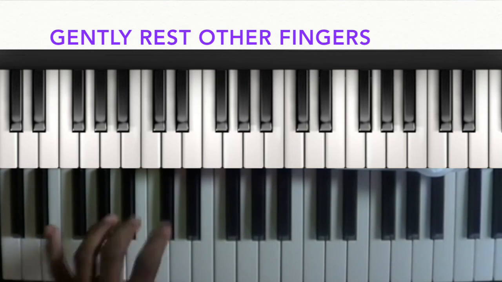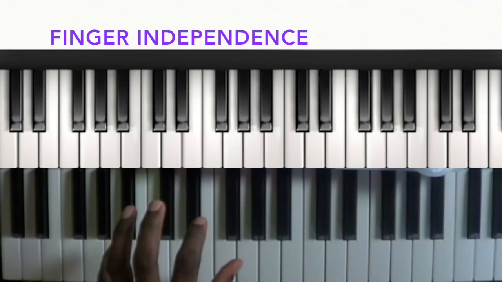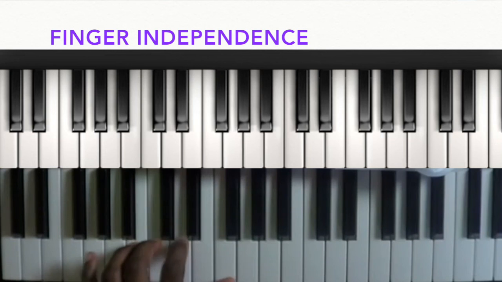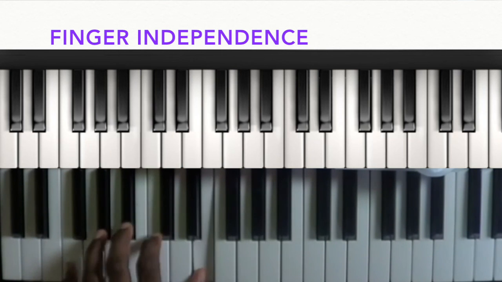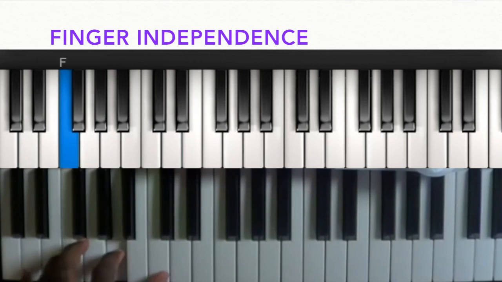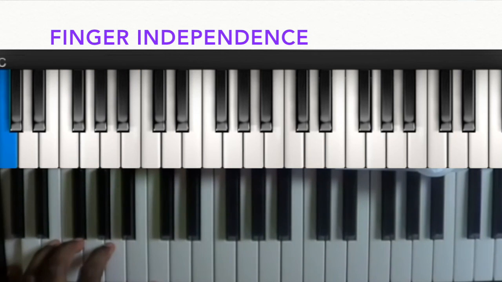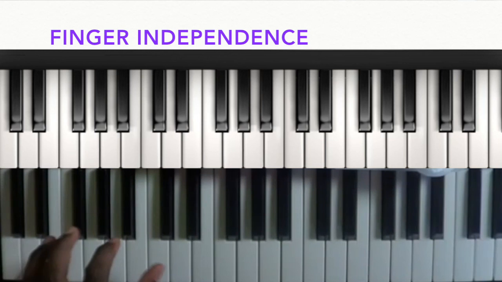It's really important for building up finger independence so you can play one finger at a time. You need to be able to develop that strength, and the scales help you with that.